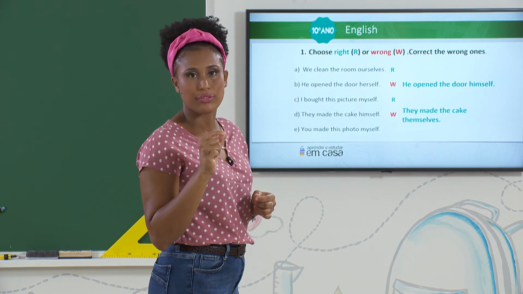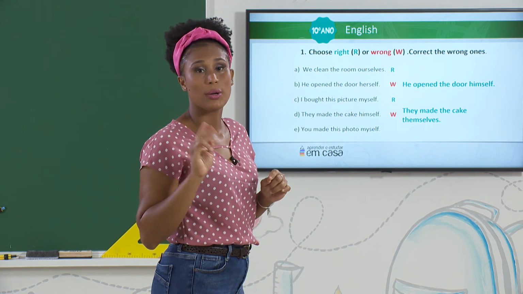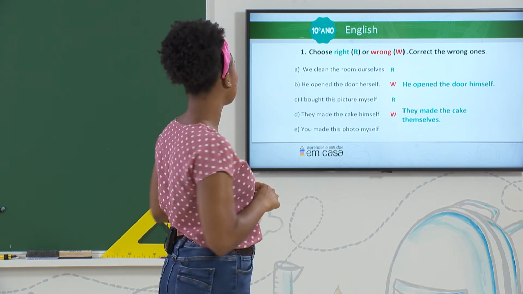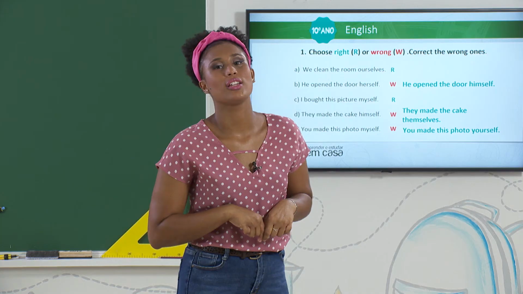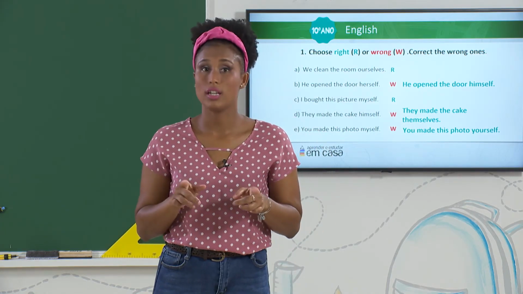Remember, themselves. They, themselves. The third person plural. And the last one, you made this photo myself. Right or wrong? Yes, it's wrong. So the correct answer should be: you made this photo yourself.